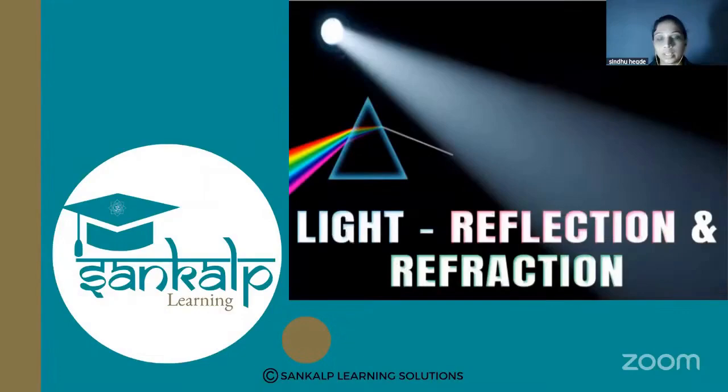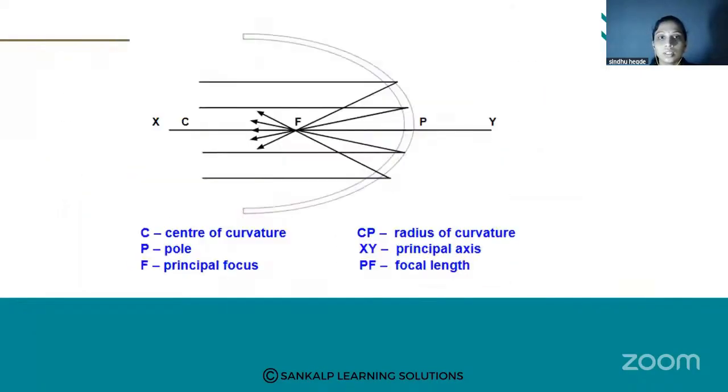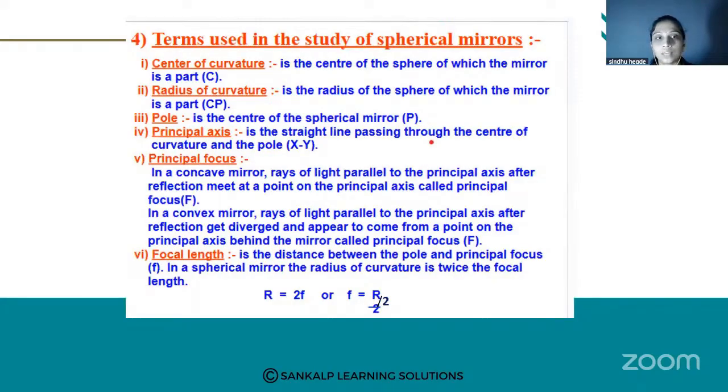In that we studied the rules that we are going to apply for the reflection of spherical mirrors. So these are all the terms we discussed yesterday: center of curvature, radius of curvature, what is pole and all, right?